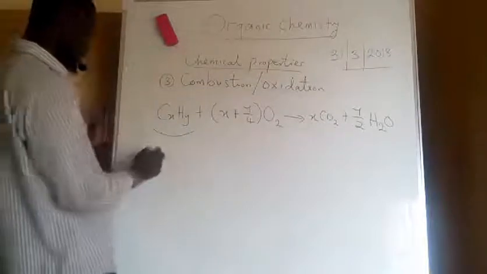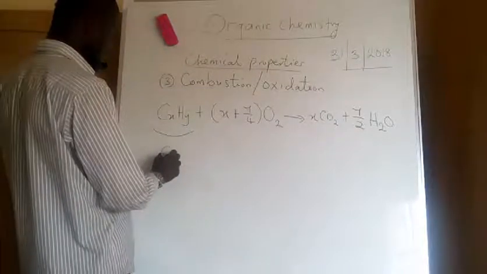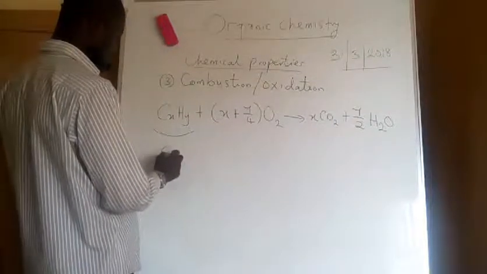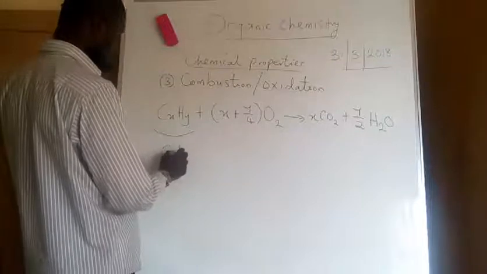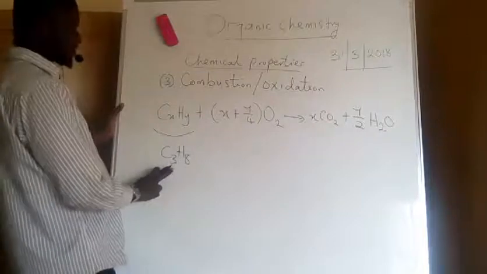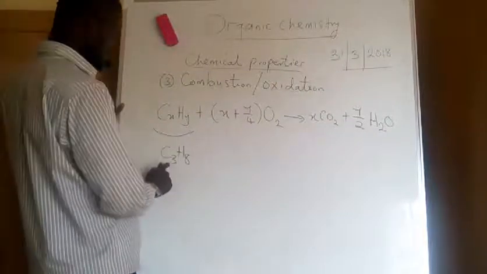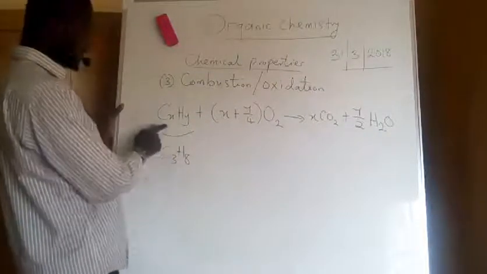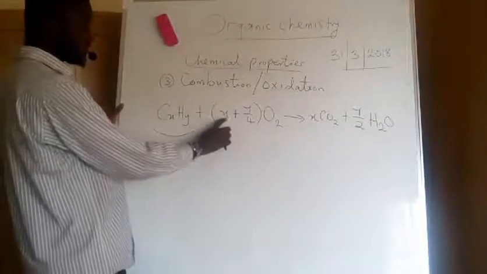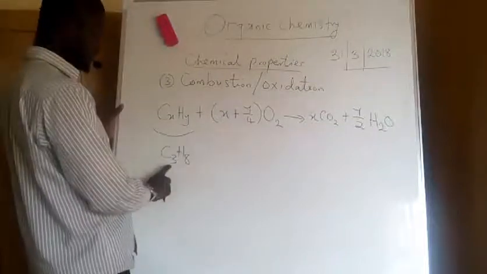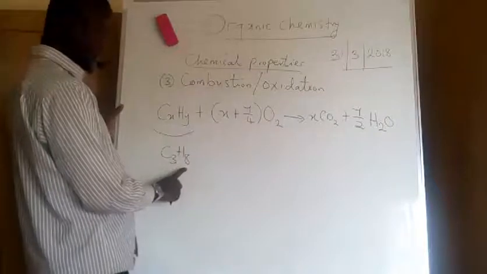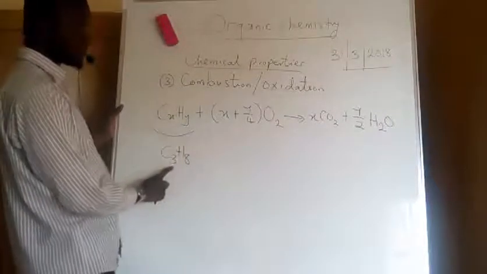For instance, if my alkane is, let's say, C3H8. Now if C3H8 is to undergo a complete combustion, my x, based on the formula, is 3 and my y is 8, meaning anywhere I see x in the formula I put 3, any place I see y in my formula I put 8, because my CxHy is C3H8.